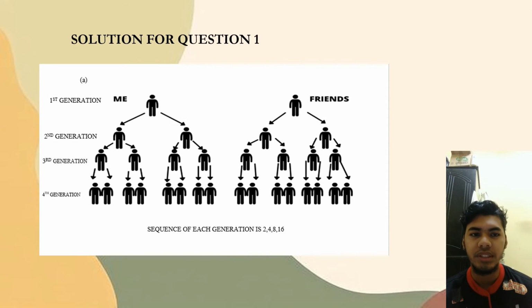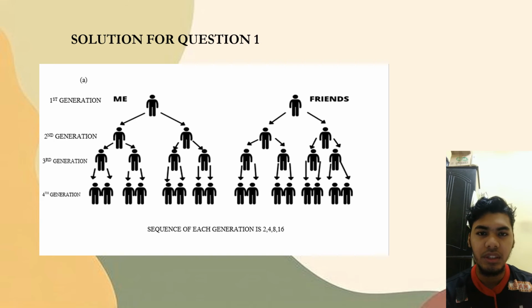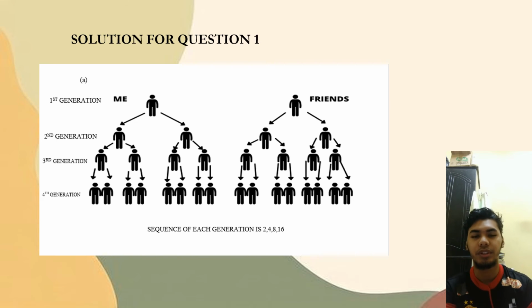Now you can see the solution for question 1A. You can see the first generation, which is me and my friend. It means it's only 2 members starting from the first generation. For the second generation, we times by 2. 2 times 2 equals 4, which means the second generation has 4 new members.